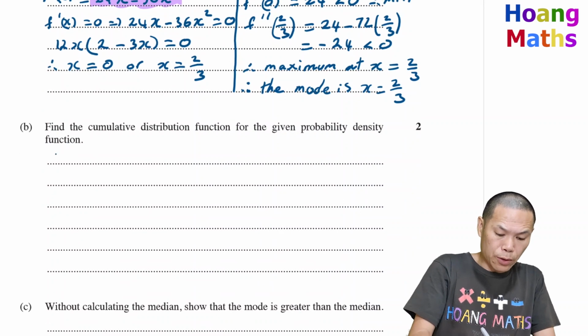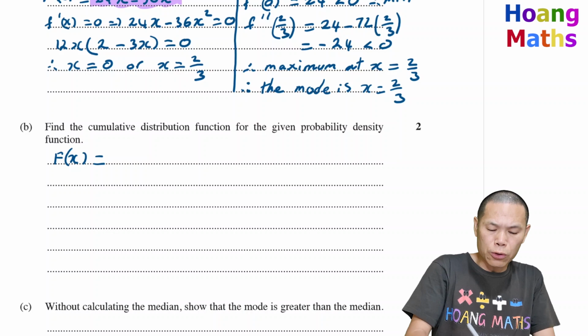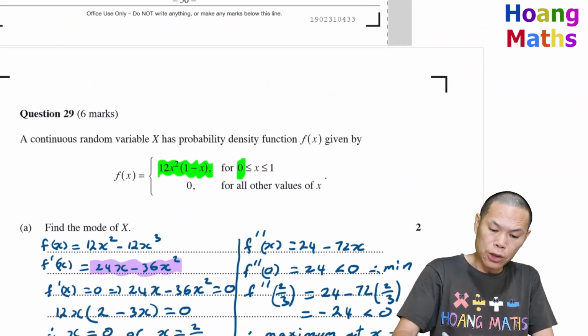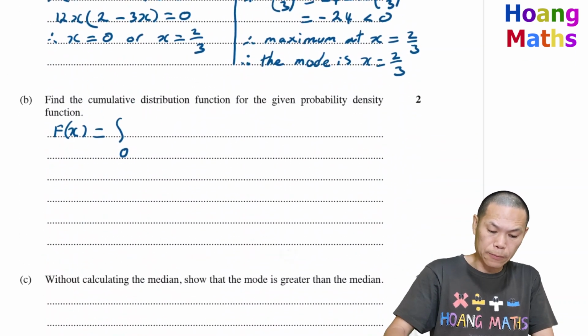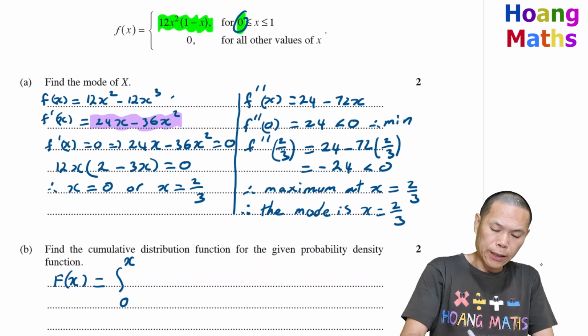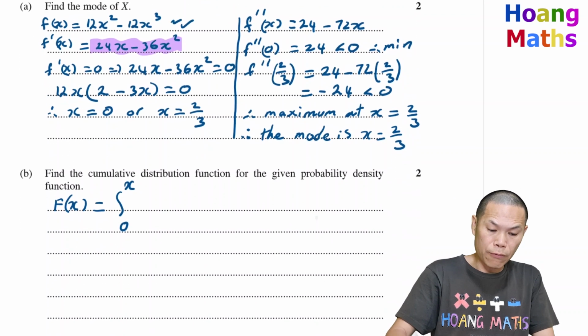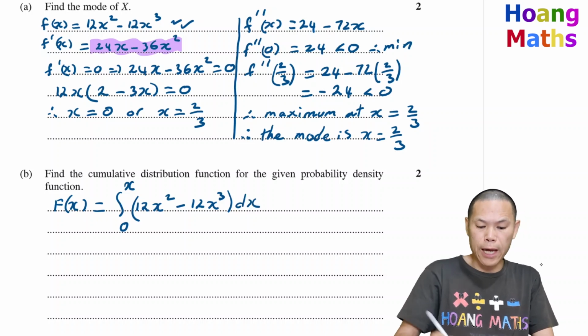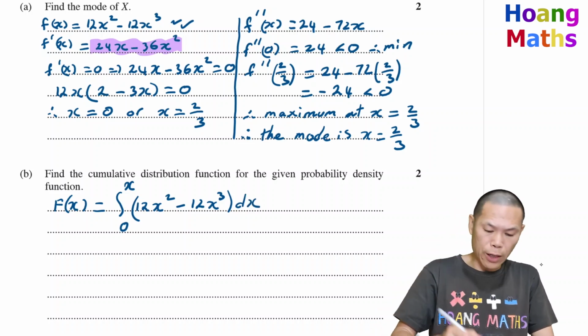The cumulative distribution is equal to the integration from the smallest value, that is 0 here, to x, of f(x), the small f(x), which is 12x squared minus 12x to the power 3 dx.